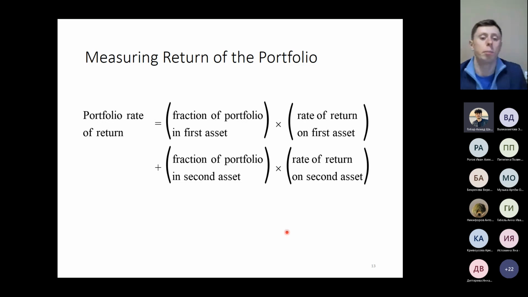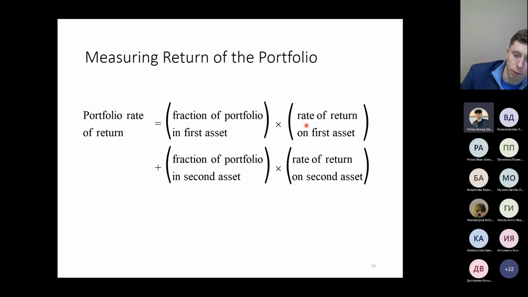Applying this formula, it is important that the fraction of the assets in the portfolio, we should take it at the beginning of the period, and the rate of return should be not just for some single period, for a year or month or whatever we work with.